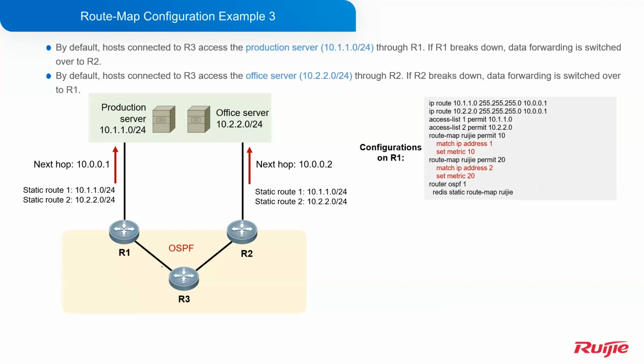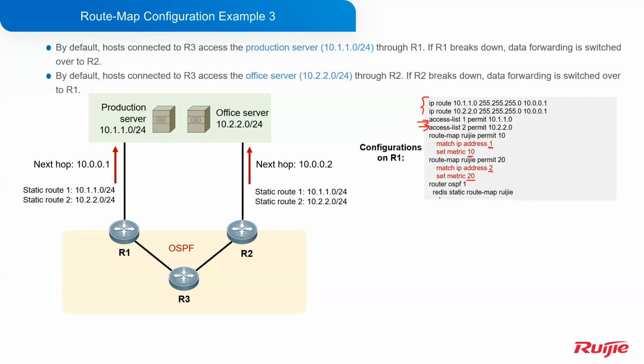Firstly, configure the static route and use access list 1 and access list 2 to match these routes. Then route map Ruijie permit 10 match IP address 1. If you match the first ACL, the metric is 10. If you match the second ACL, your metric is 20, right?